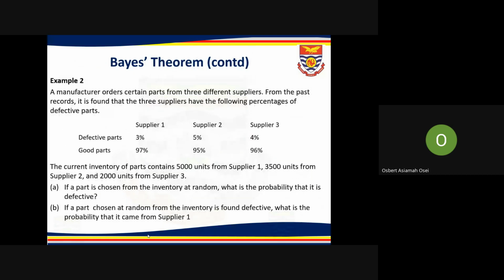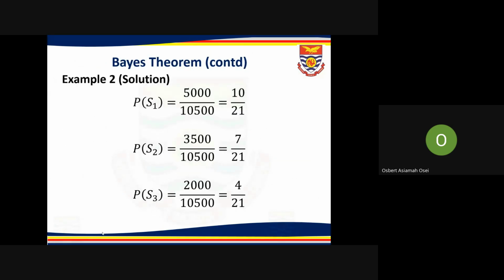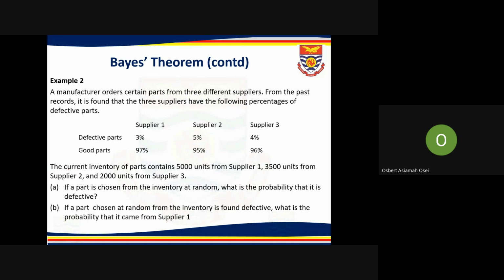So let's get back to our question. Our question here is telling us that if a part is chosen from the inventory at random, what's the probability that it is defective? So essentially, we are looking at the probability that it is defective. That is P of D. That is what we are looking for.